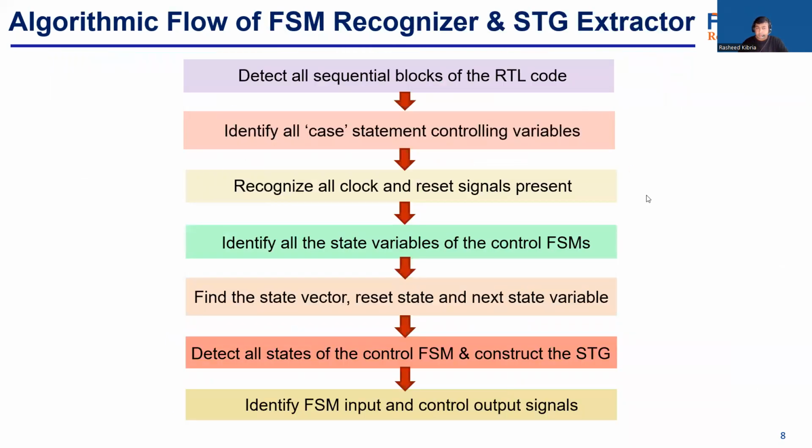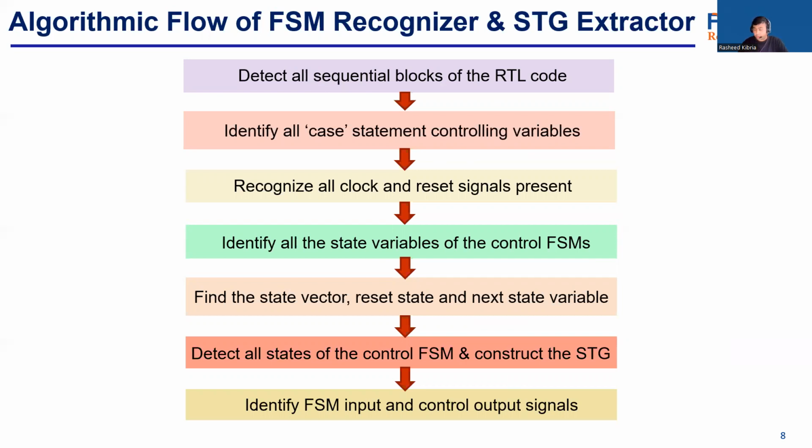Here is the algorithmic flow of the FSM recognizer and state extractor module, which is the core part of RTL-FSMx. There are a couple of steps. The FSM recognition process starts with detecting all the sequential blocks of the RTL code. Then we identify all the case statement controlling variables. Next, we recognize all the clock and reset signals present in the RTL design.